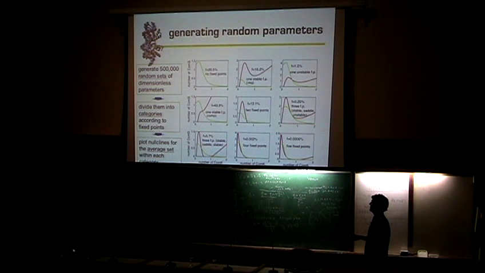We scaled all the parameters to be dimensionless, and then we generated 500,000 random sets of parameters. We analyzed all these sets to see what kind of distribution of fixed points we would get, and we divided them according to how many fixed points and what kind of fixed points they had.